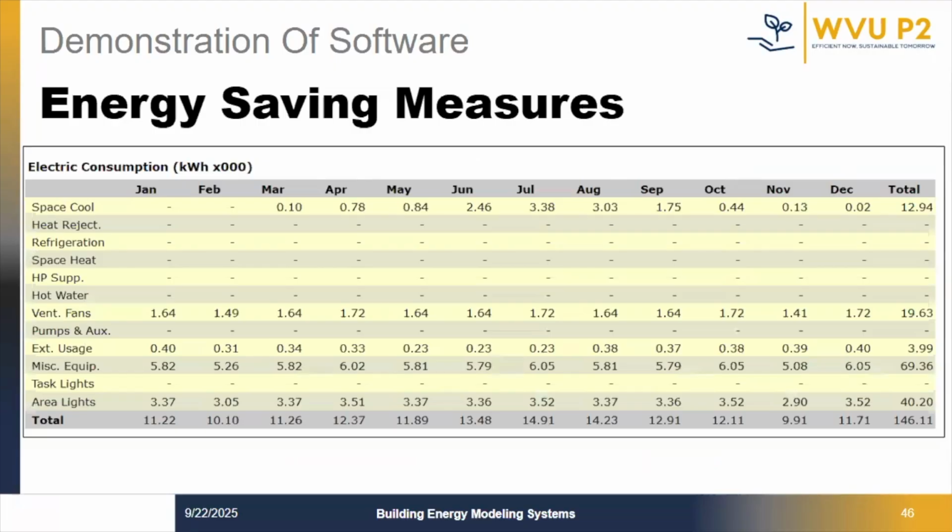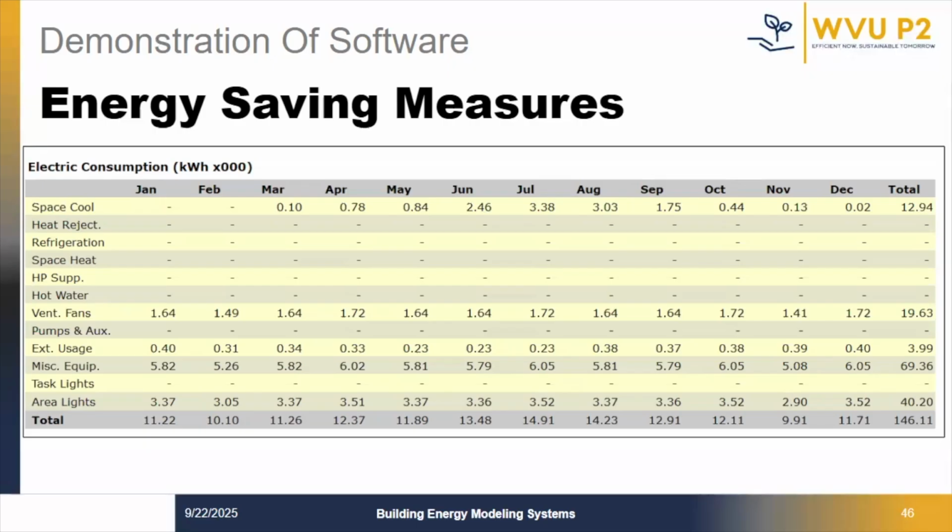Now, after implementing the efficiency measures, we see dramatic improvements, such as space cooling loads dropping by 52% annually, from 26,820 to 12,940 kilowatt hours. Also, the lighting energy fell 25%, from 53,740 to 40,000 kilowatt hours, from the lighting power density reduction.